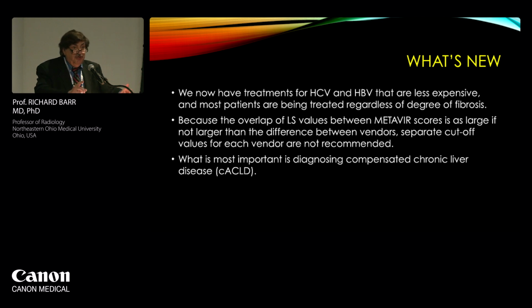So once you treat these patients, their values will drop pretty dramatically, which we believe is the resolution of the inflammation. So you can't use the cutoff values anymore because they drop dramatically. We have patients that come in with 12 kPa. After treatment, they're 6 kPa in 6 months.